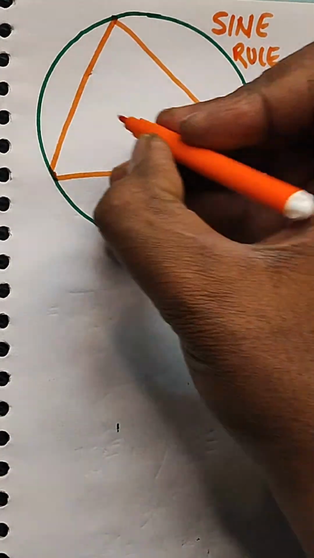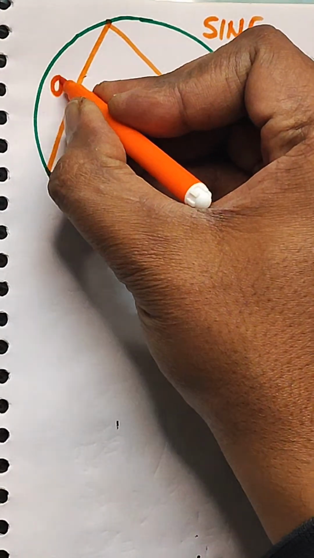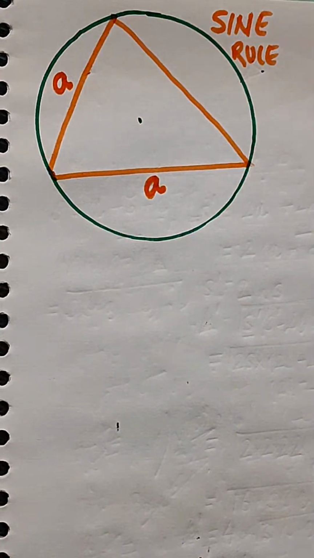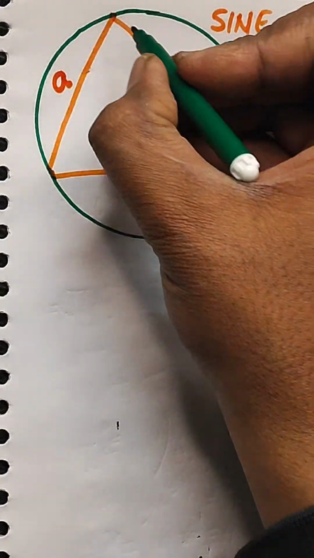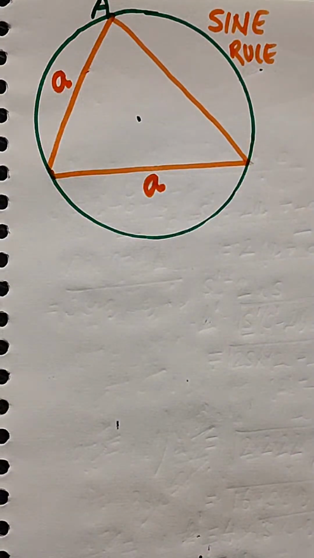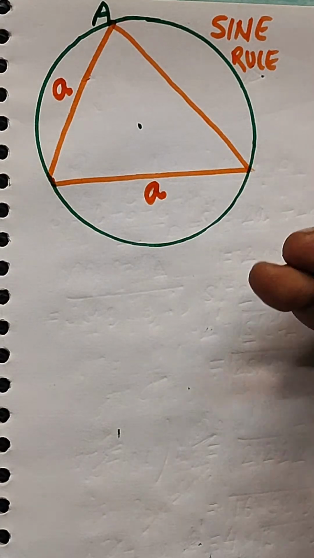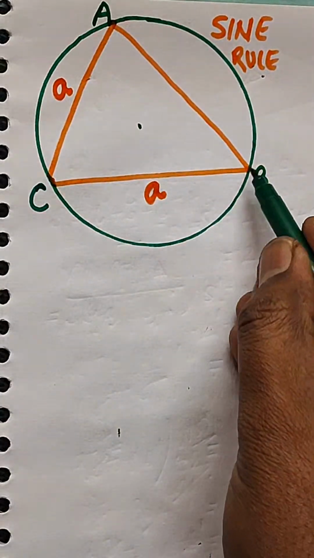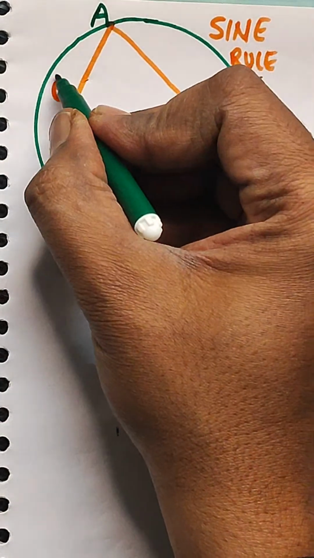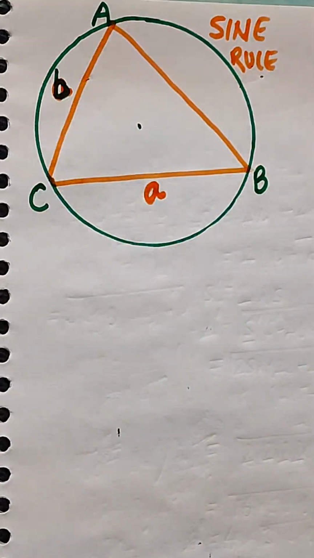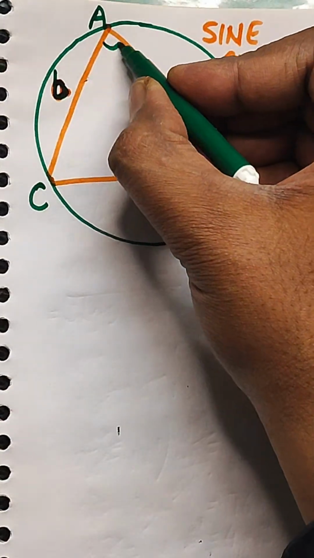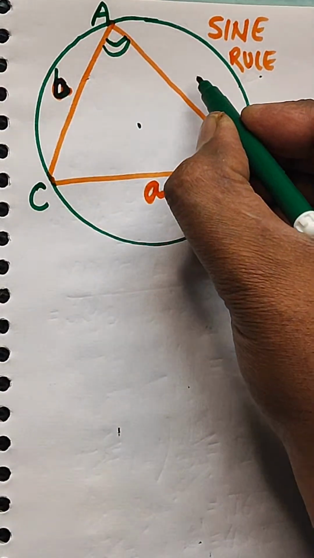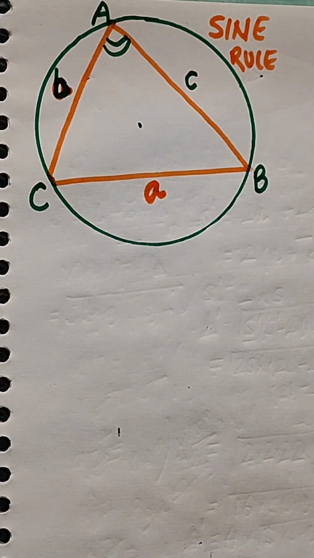Let us say this is A, the vertex is A, then here it will be B and here it will be C. Then the side opposite to angle B will be b, the side opposite to angle A will be a, and the side opposite to angle C will be c.